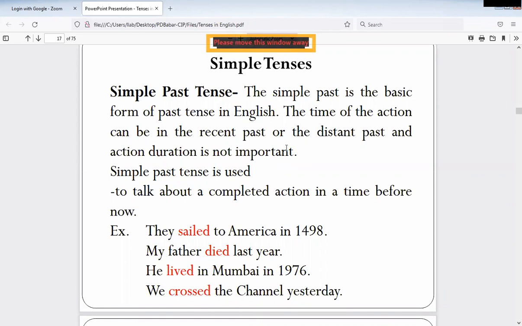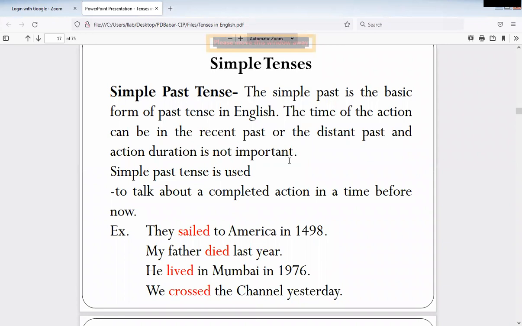Before 1 or 2 seconds, or half a minute, or a minute, I acted, or I did some action.